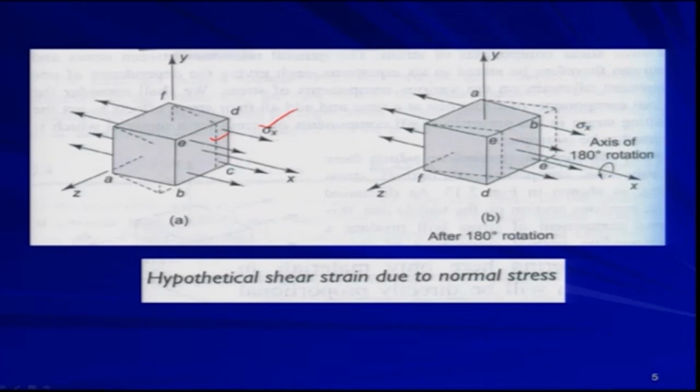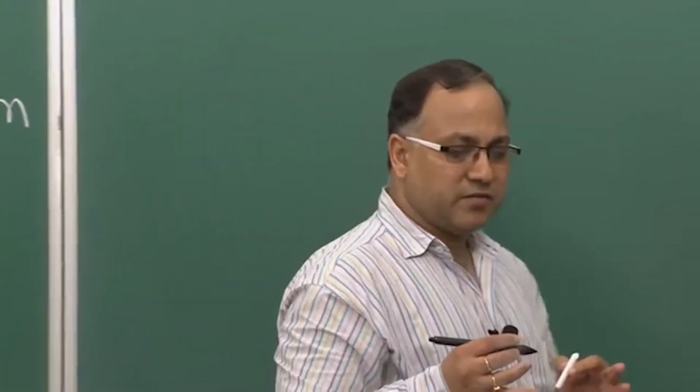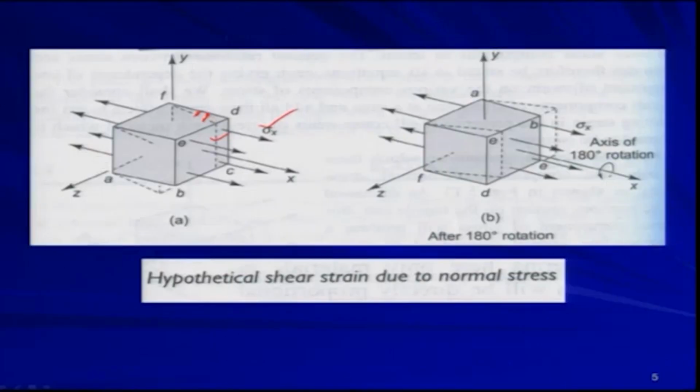That means you are getting some angular distortion. Due to the application of sigma x, I am getting some amount of shear strain, shown by this dotted line. There is no ambiguity in that.